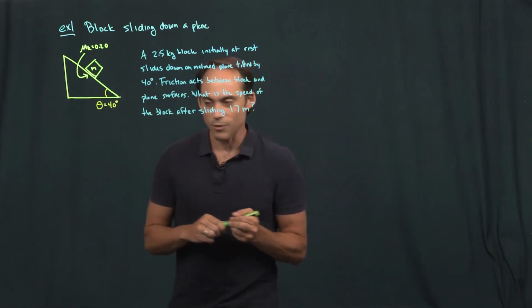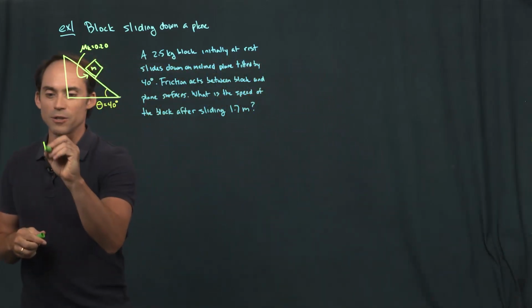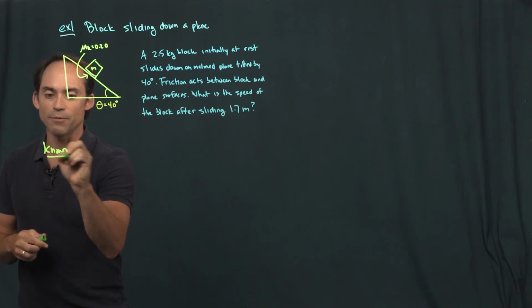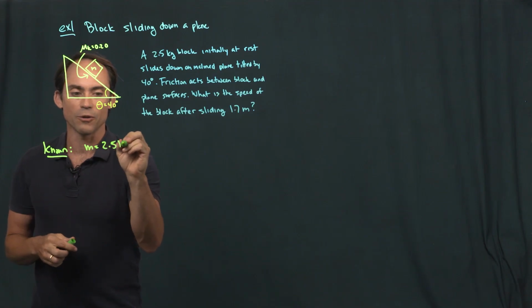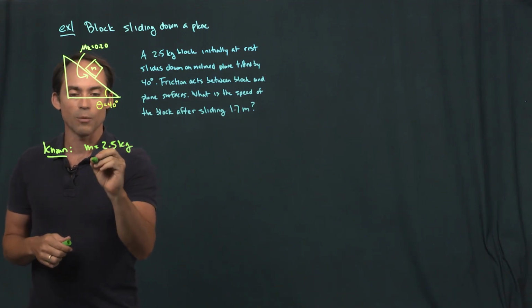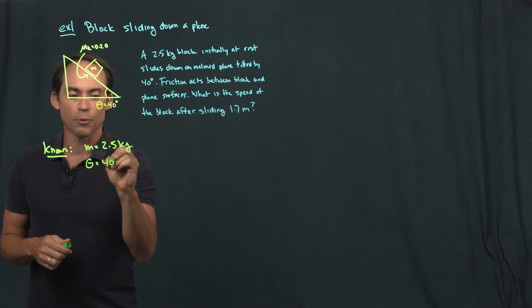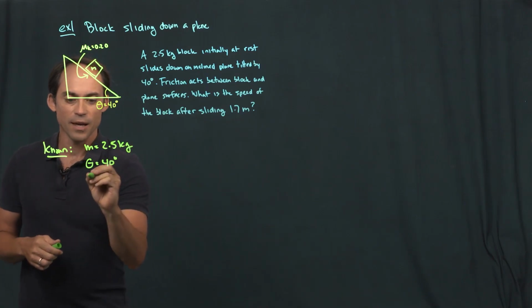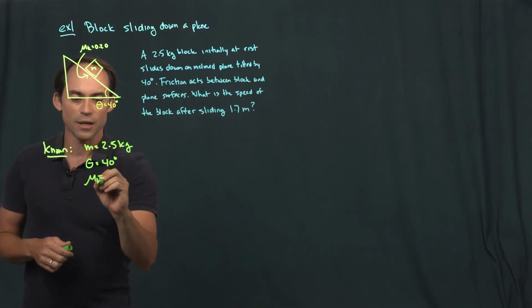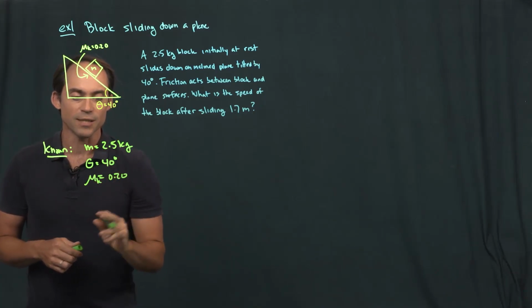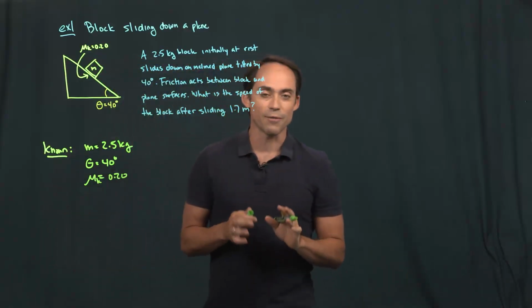As we've done before, we'll look at this problem and consider the known values that we have. We are given a mass of 2.5 kilograms for the block. We're given an angle of 40 degrees for the inclined plane, and we're told that the coefficient of friction, as labeled here, is 0.20, and that's the kinetic coefficient of friction because we're going to have a sliding block.